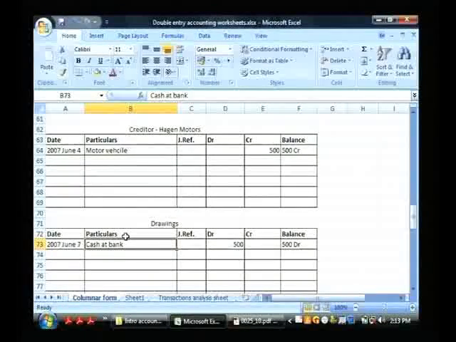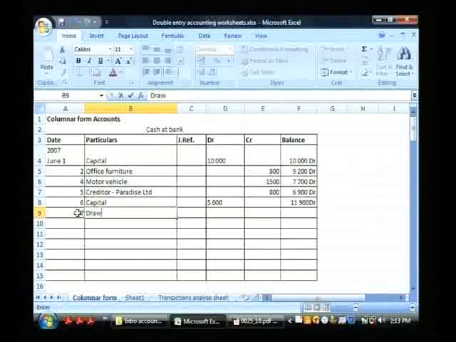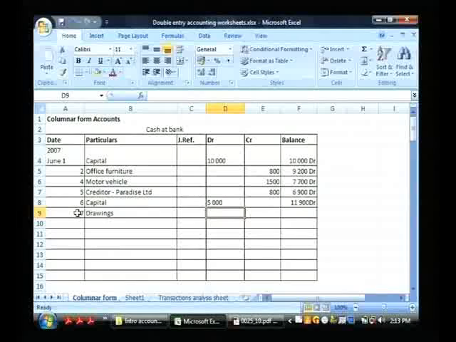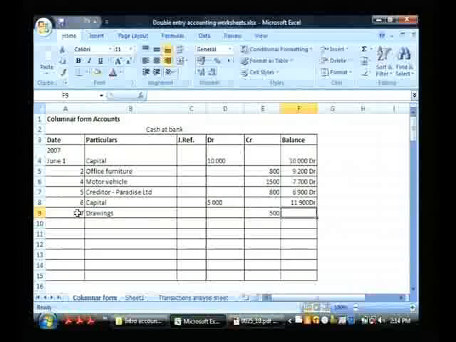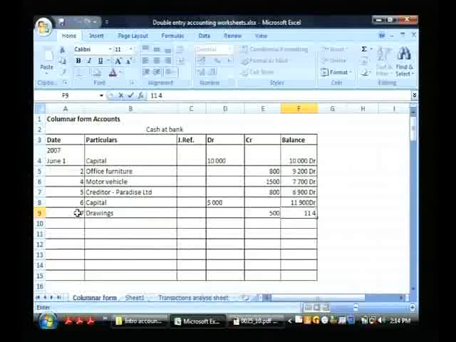And move on to the cash at bank account. Here date 7th, drawings account. It is a payment, therefore credit 500, 11,900 debit, and here we credited 500, therefore minus 11,400 debit balance.